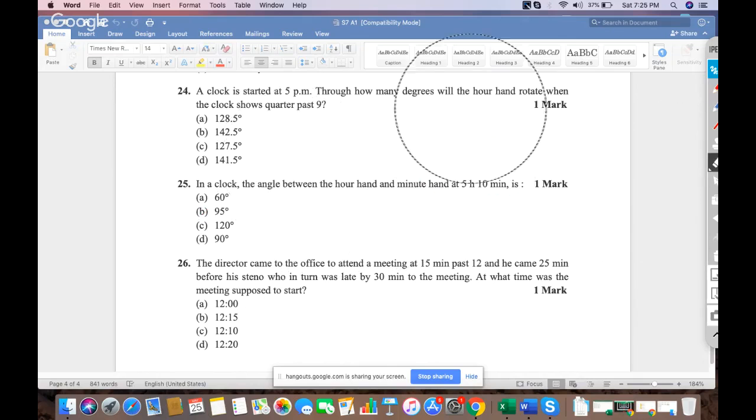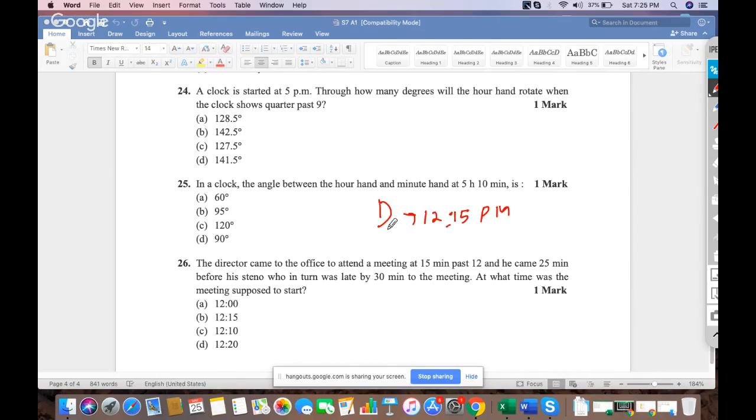So next one is here. The director came to the office to attend a meeting at 15 minutes past 12, and he came 25 minutes before his steno, who in turn was late by 30 minutes to the meeting. At what time was the meeting supposed to start? So 12:15 p.m. director came.